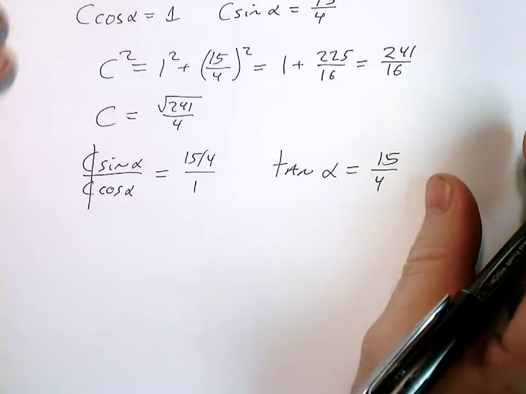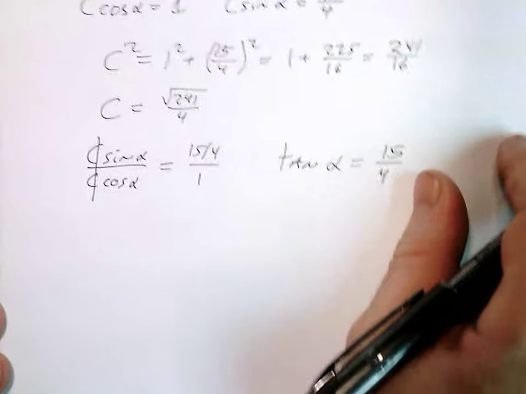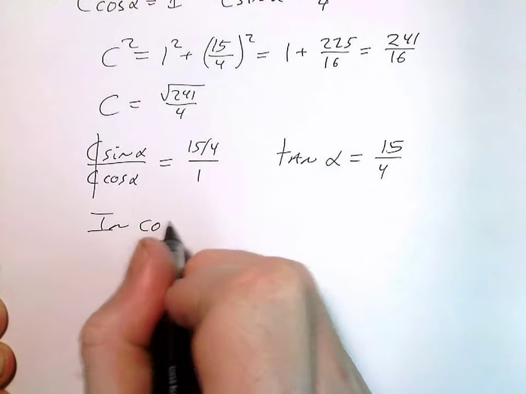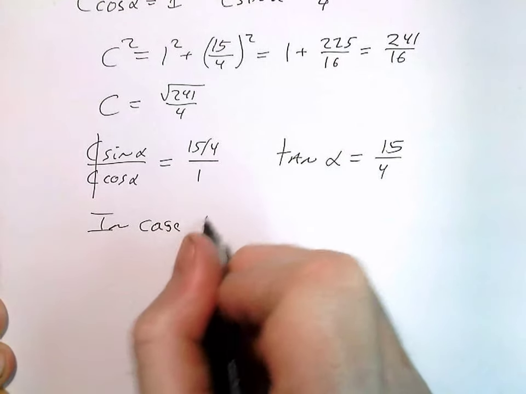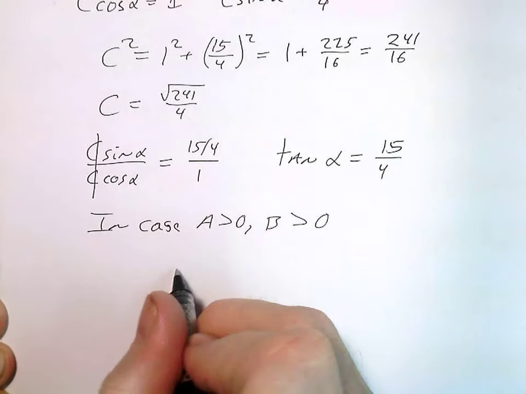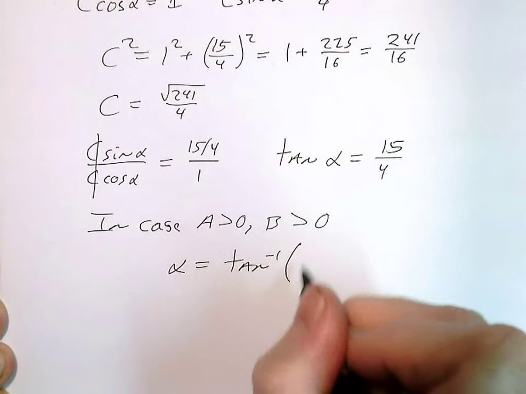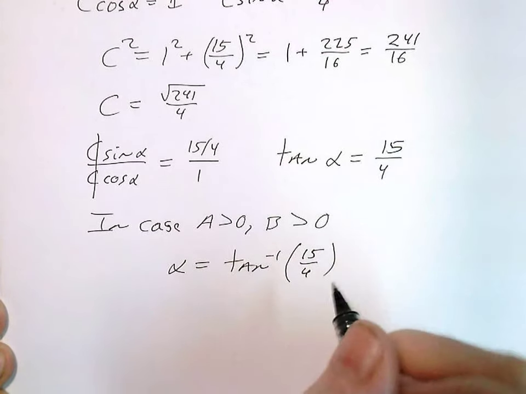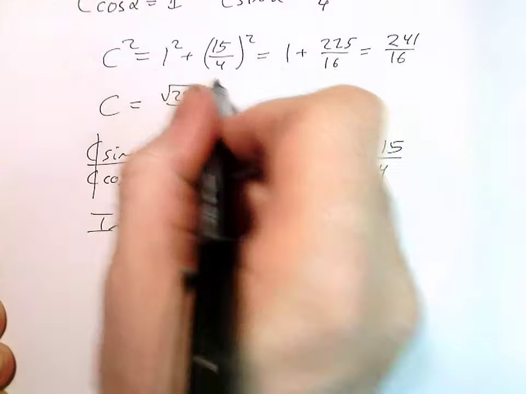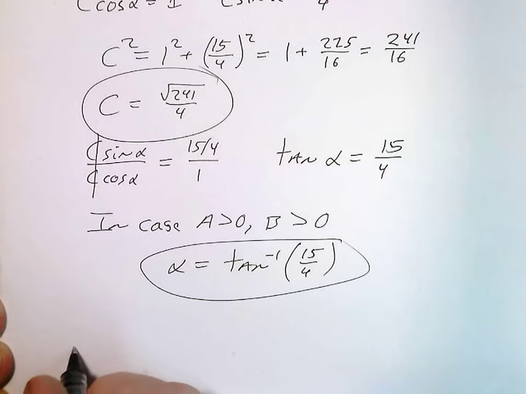Now you have to worry about here, the thing is that my a and b here are both positive, and in the case where a is positive and b is positive, my alpha here is going to be the arctangent of 15 over 4 here. Okay, so now I have alpha, I have c, I can write my final answer.